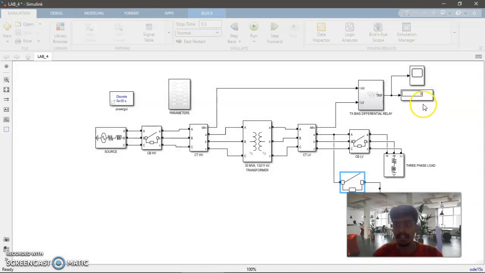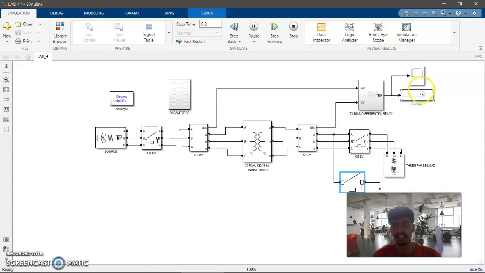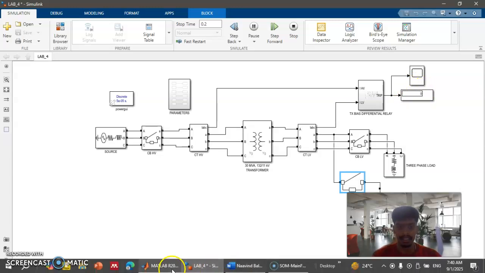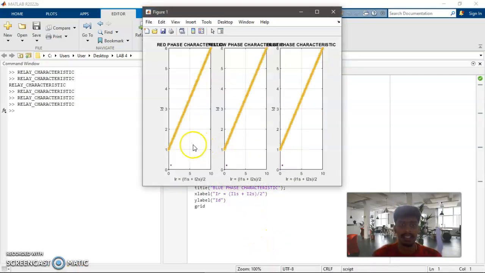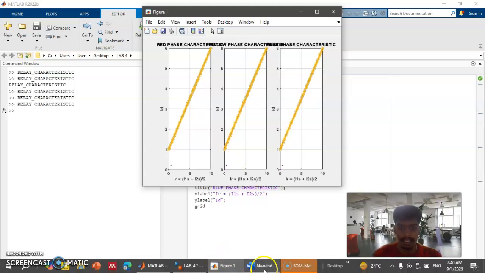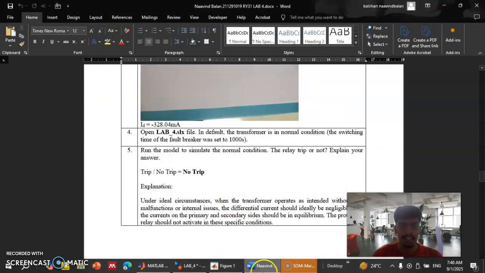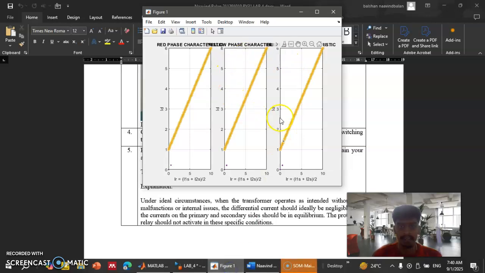There will be no tripping over here. It shows 0. In MATLAB, there is no error detected from the graph. So for this part there are no trip conditions.